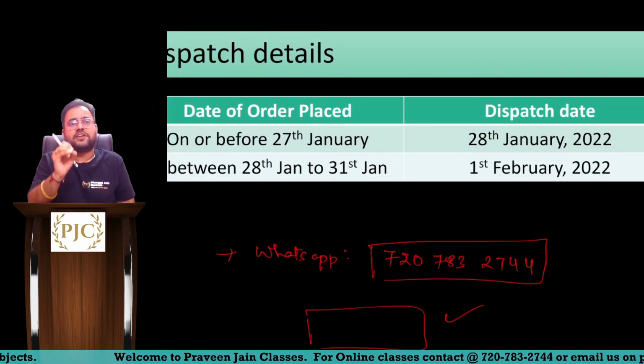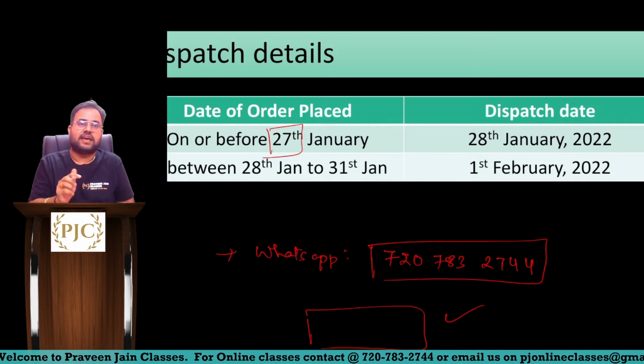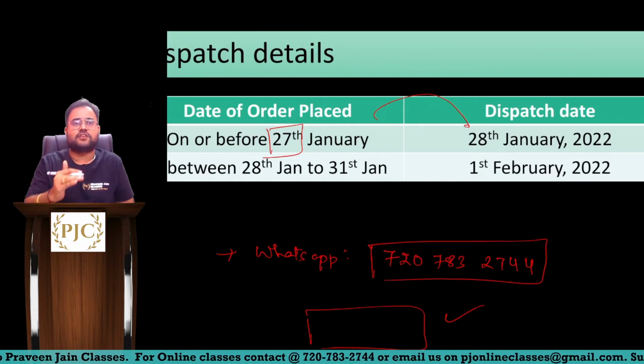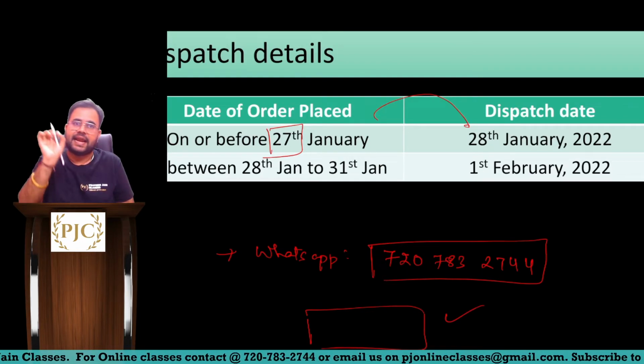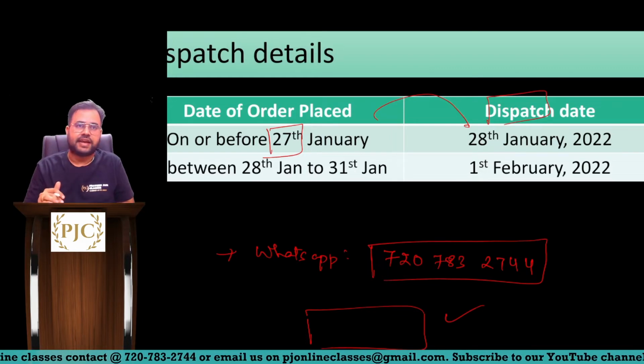Now, every student who is placing the order on or before 27th January, sir, all the books in a single shot will be delivered on 28th January. So we will be dispatching the material from our end on 28th January, sir.